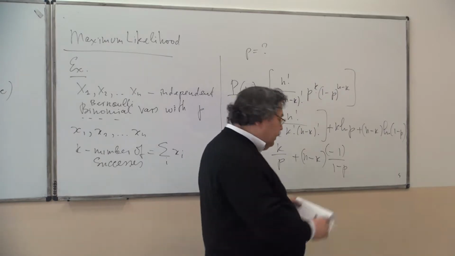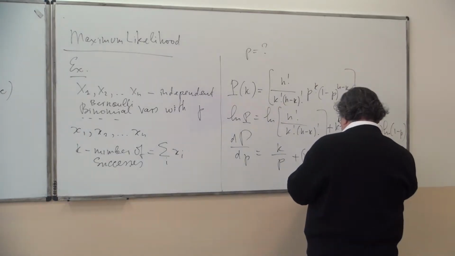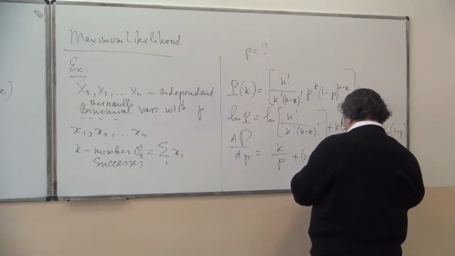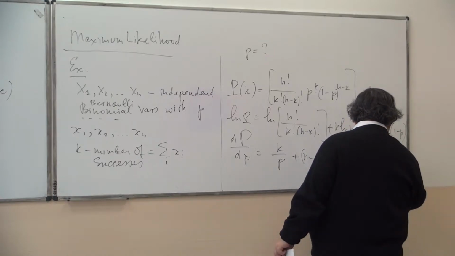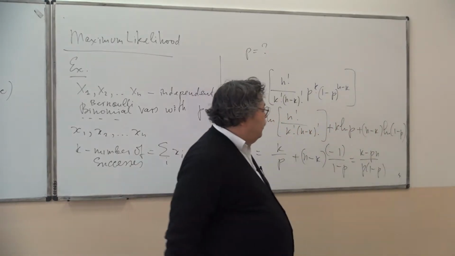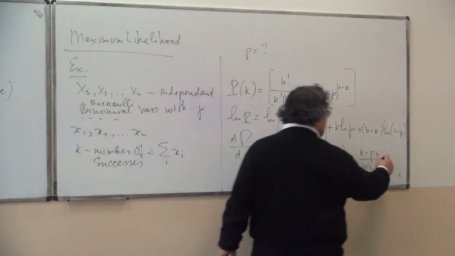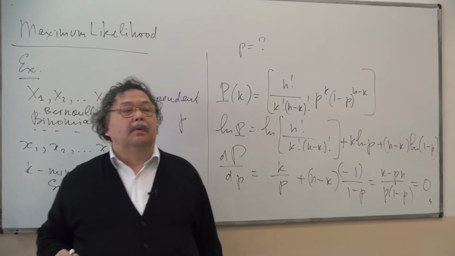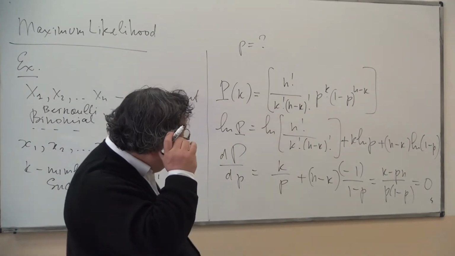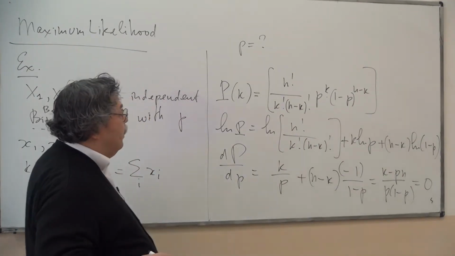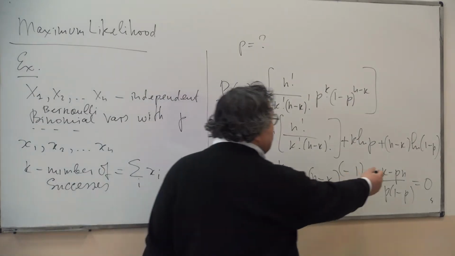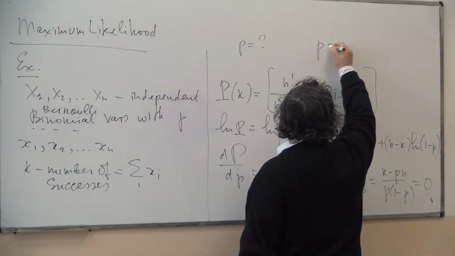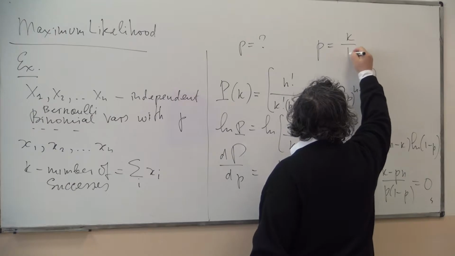Okay, and collecting these terms, we can write it this way: k minus p times n, and the denominator is p times 1 minus p, and we equate it to 0 because we look for a maximum value. Okay, well, for this to be 0, p must be k over n.